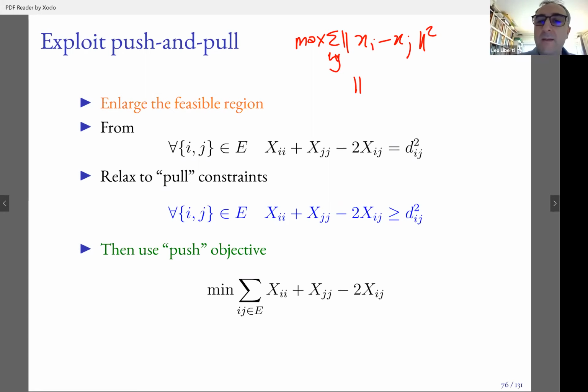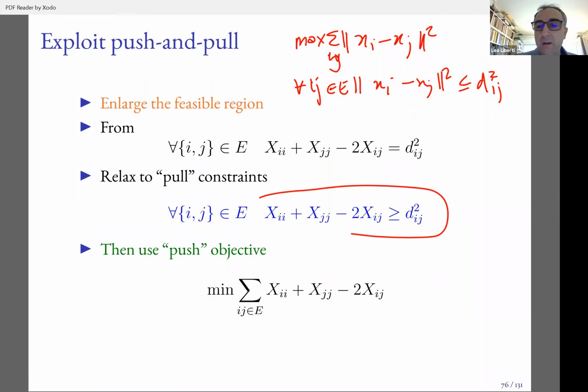Then the constraint would be, for every ij in the edges, (xi minus xj) squared less than or equal to dij squared, and this would push them together. If we linearize all of these things, we come up with something like this in the constraints, but with the reversed sign, and for the objective, we simply maximize this form. So that was the push and pull SDP relaxation.